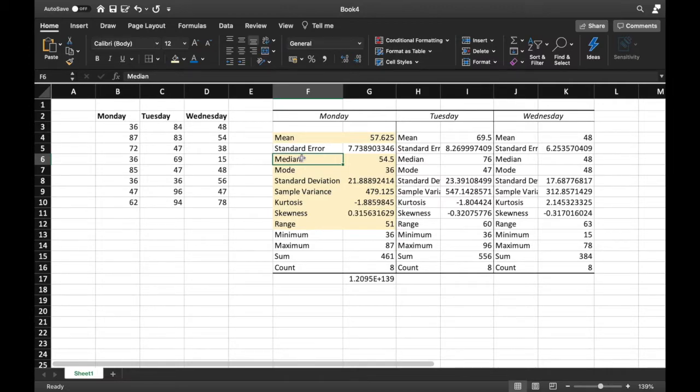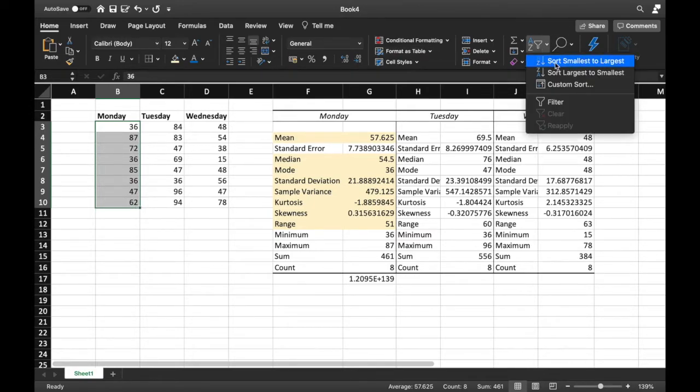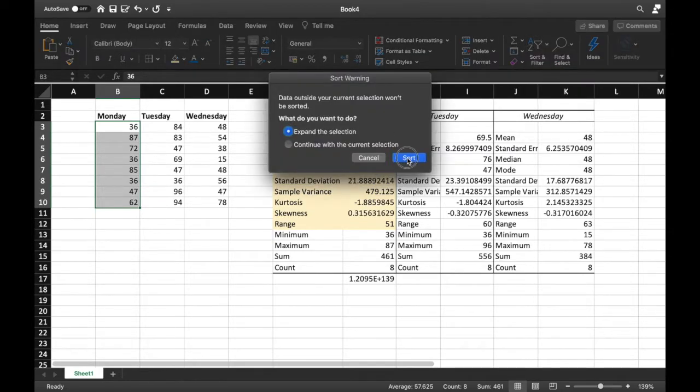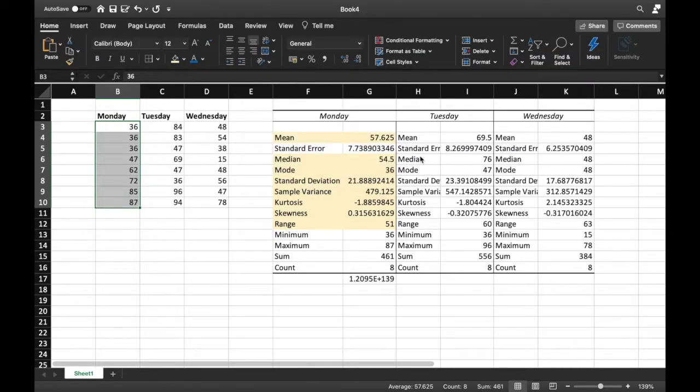So it means that when you arrange all of the values here in Monday according to ascending order, let's sort it out from smallest to largest. Okay, so we have here the different values, and it says in the results that the median or the middlemost number would be found in between 47 and 62, which is 54.5.